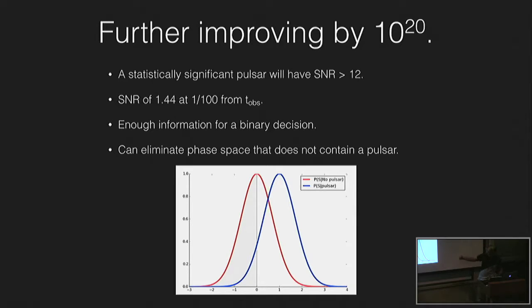So here you have 2 distributions. For the correct option of a period and acceleration, the statistical score that you measure is distributed with the blue distribution. For any other random option, you have the red distribution. Okay? Now, let's say that I want to find the pulsar with high probability.